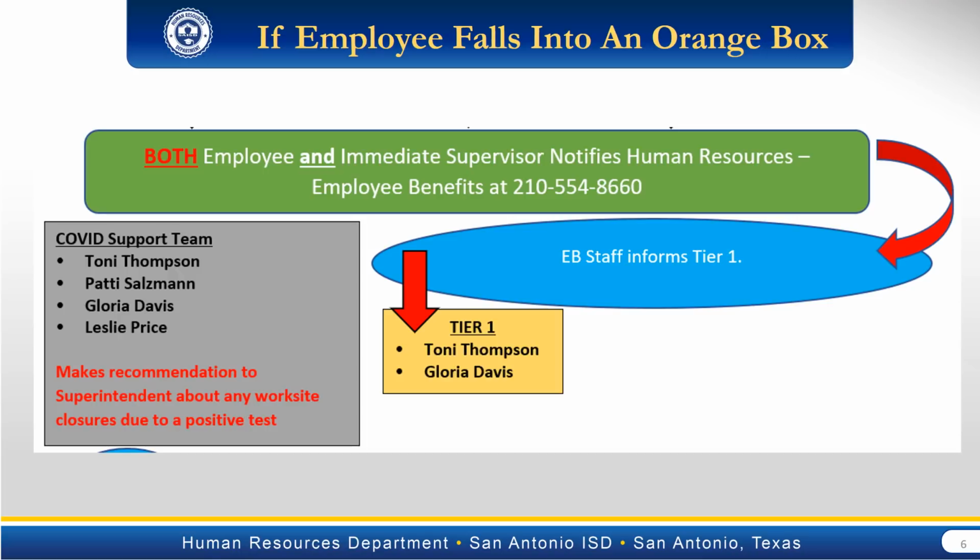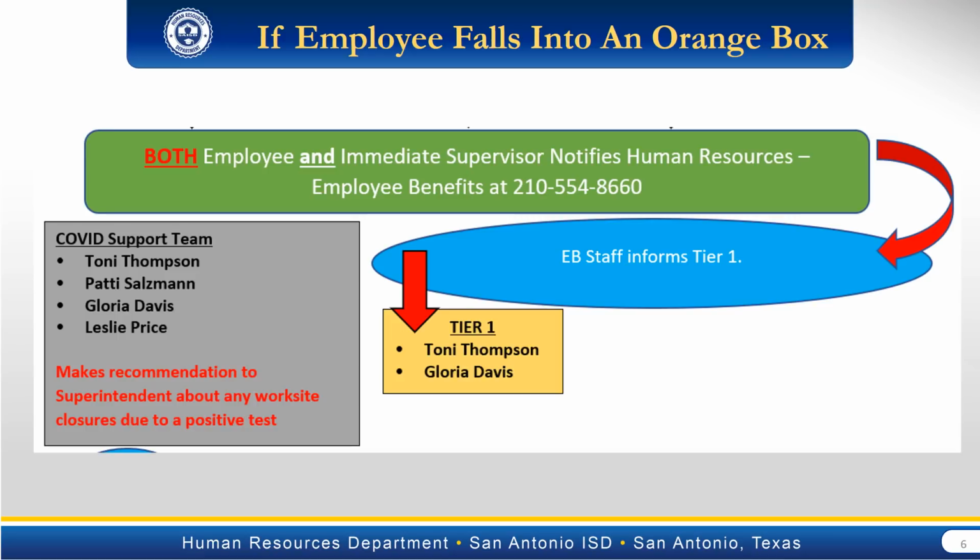We're Tier 1. We have some responsibilities to manage the process, and I'll explain that in greater detail in a minute. But we also have a COVID support team that includes the two of us, in addition to Patty Salzman, who's our Chief Academic Officer, and Leslie Price in communications, just to make sure that they are aware of what's happening, whether it's with students or with employees.